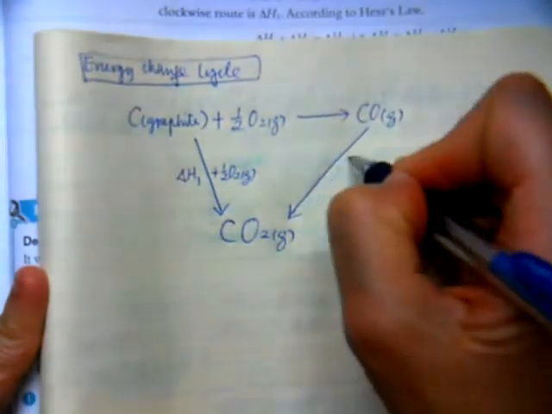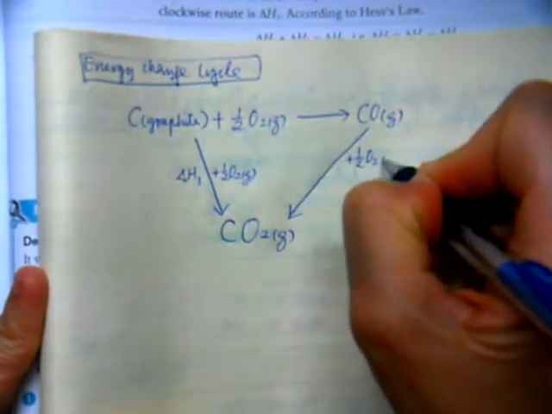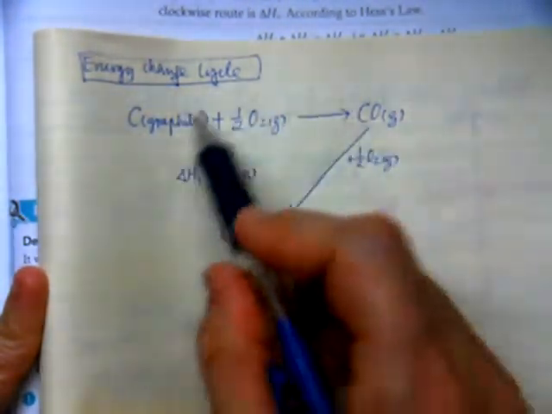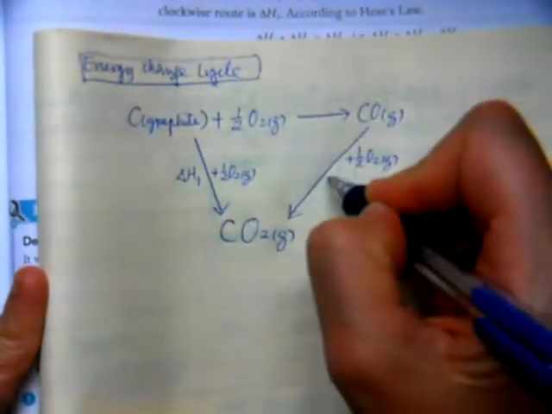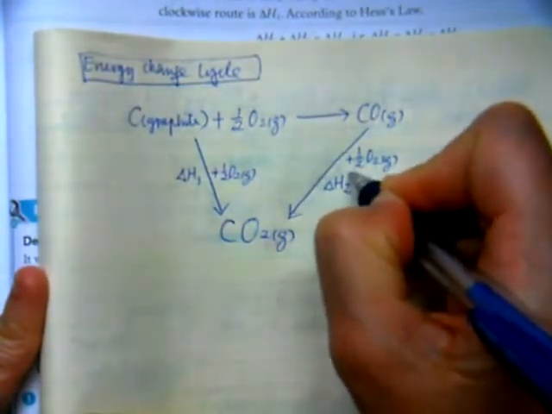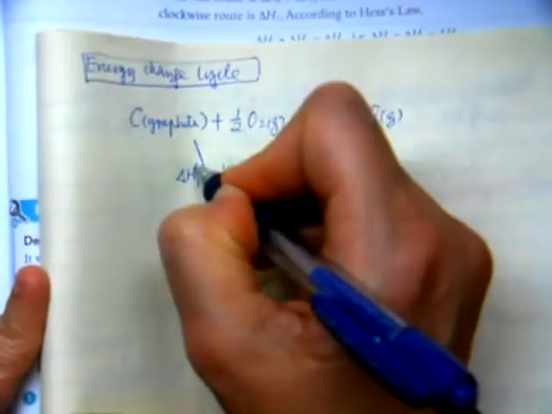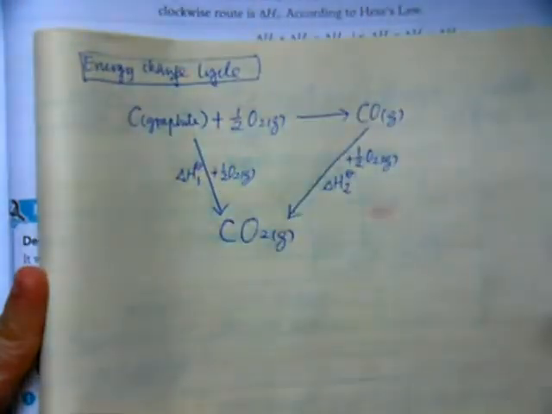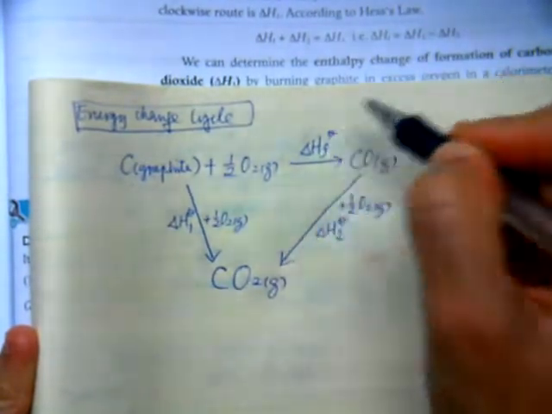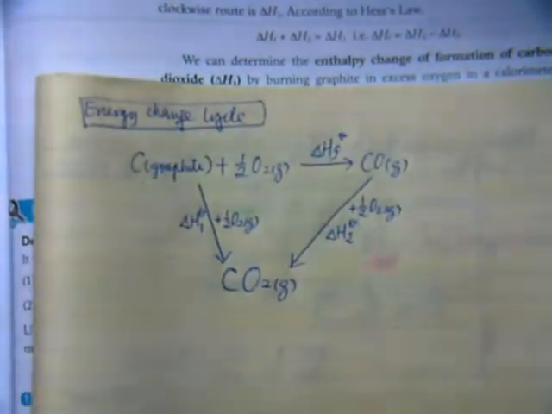Bear in mind, you need to add half O2, okay? So that everything's balanced in the cycle. This reaction has delta H2. And then in this example, we need to work out this delta HF.